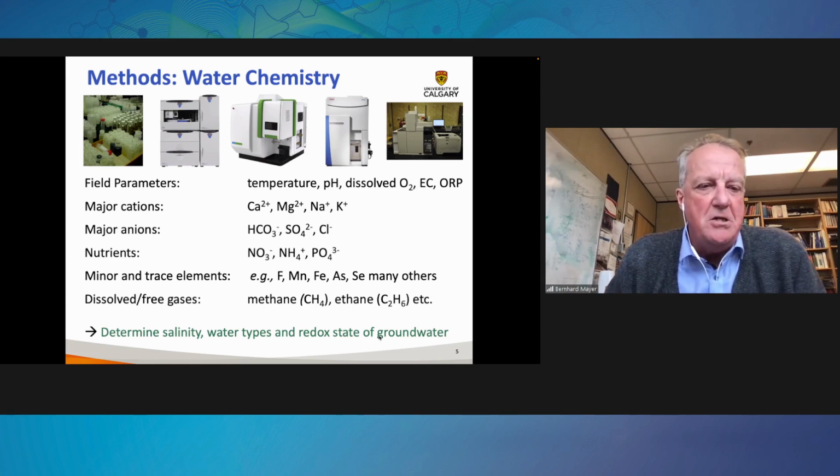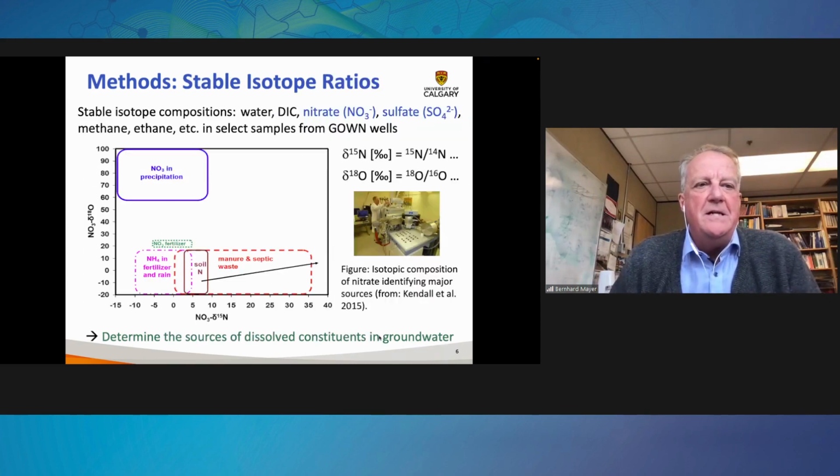This analysis is used to determine the salinity, the water types, and the redox state of groundwater in the subsurface.